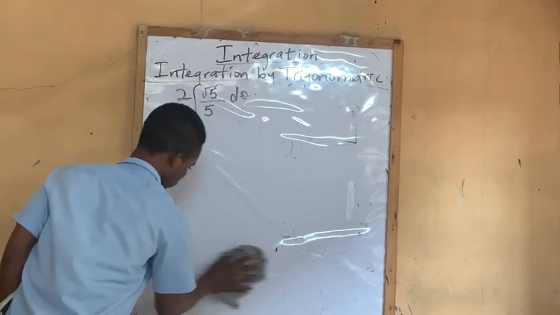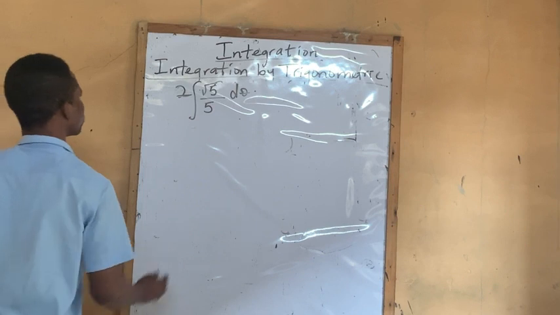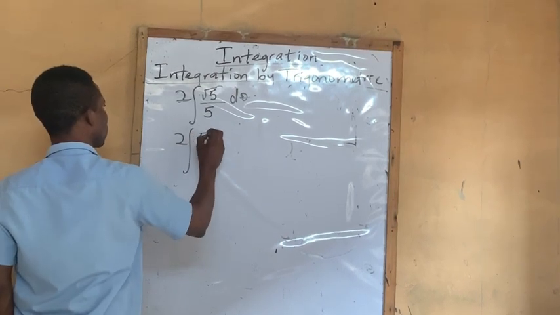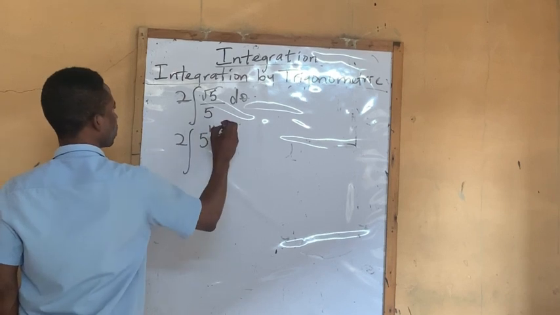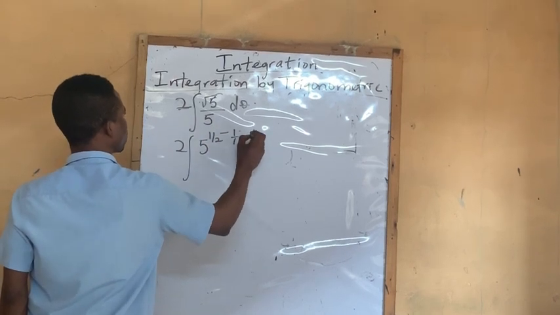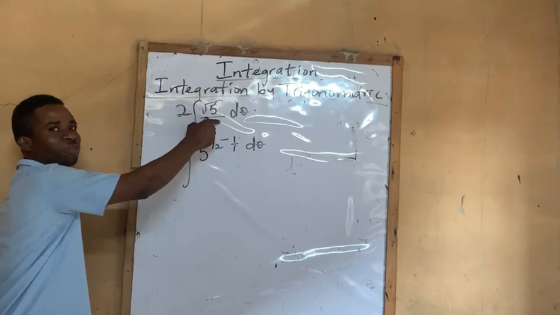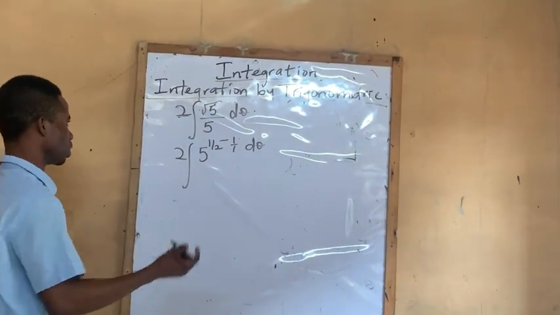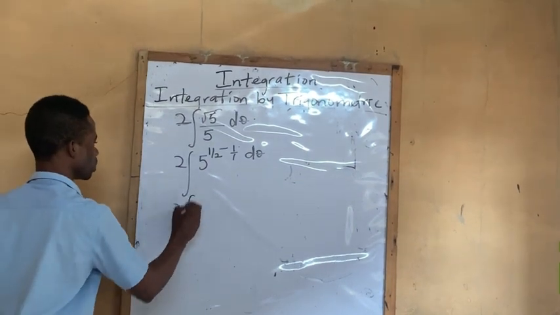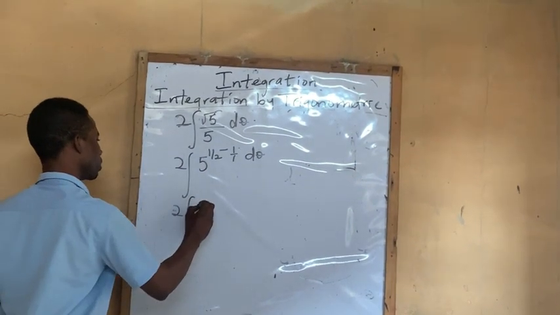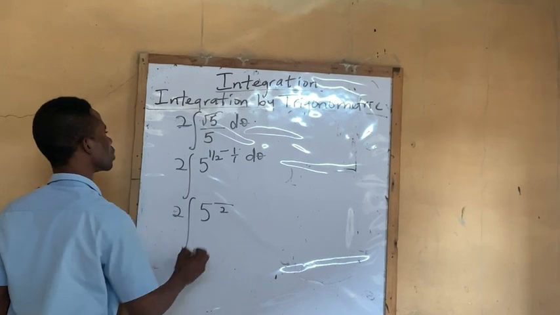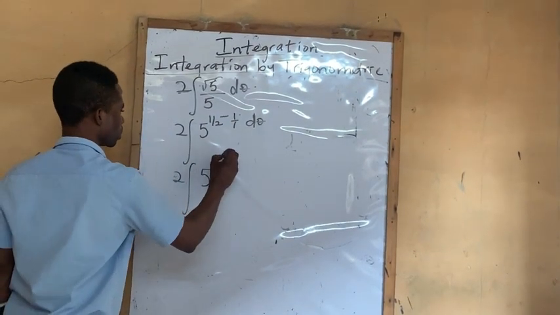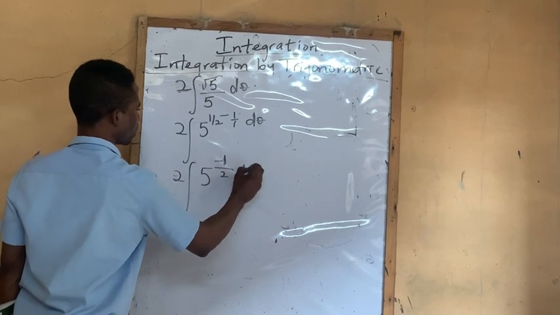Now I can apply my indices. I can just say 2, this one is 5, this power 1 all over 2 minus 1, because this one is 5 raised to power 1. If I bring out the 1, because they are having the same base, that is 2 integral of 5. The LCM is 2, 1 and 1 minus 2, that is minus 1, minus 1 all over 2.